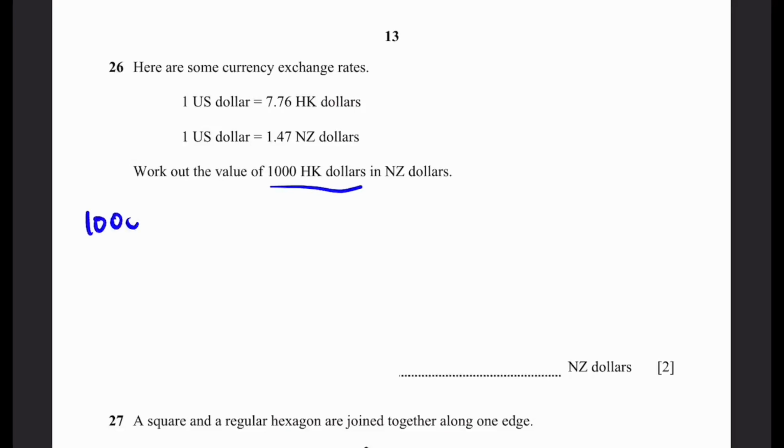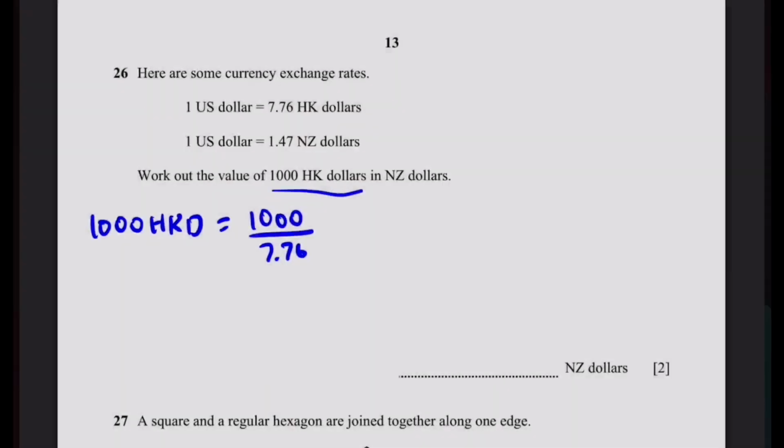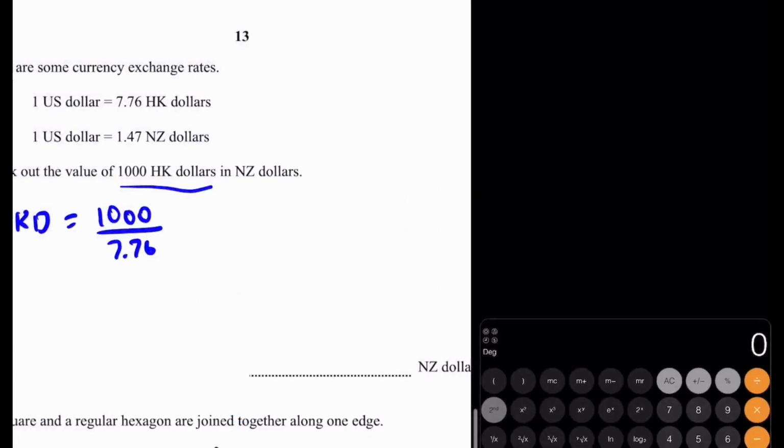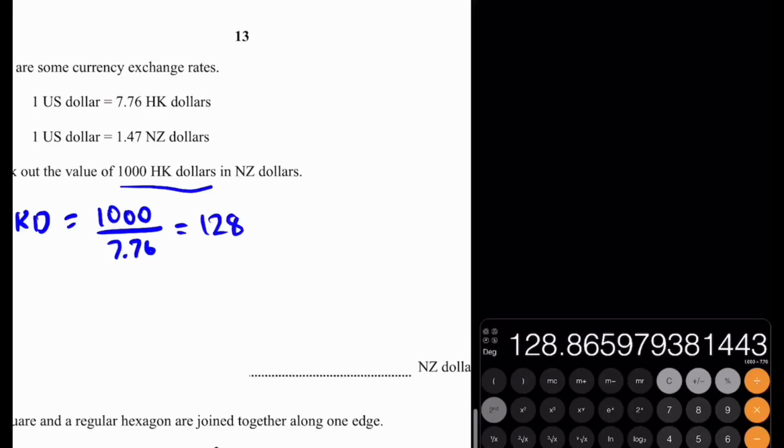So 1,000 HKD equals 1,000 by 7.76. And now we're going to use the calculator to find this answer. 1,000 divided by 7.76 equals 128.87 when you round it to 2 decimal places.